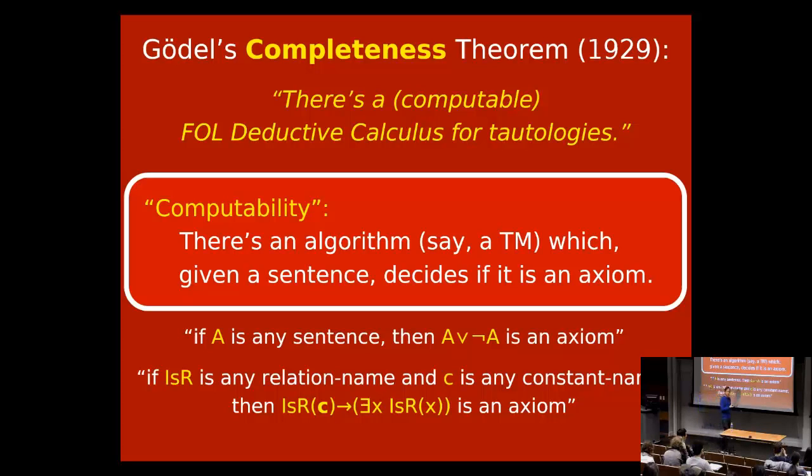Even though it has infinitely many acceptable initial tautologies, like A or not A, there's still an algorithm that looks at a string and decides if it's one of them. For example, it's not hard to write an algorithm that looks at a string and decides if it's of the form A or not A. It just means that these initial objects, although there are infinitely many of them, aren't completely arbitrary. They have a nice simple system, and it's computable in the sense that there's an algorithm that will tell you if you've written one down validly or not. Does that make sense?